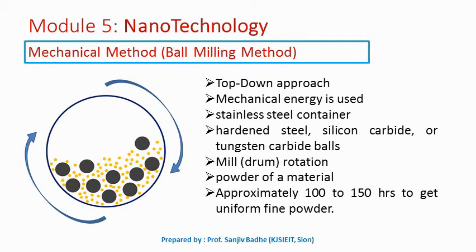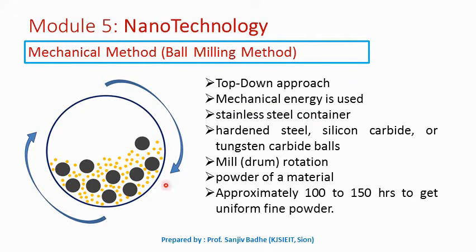The first method that we will be discussing for producing the nanomaterials is the ball milling method. Ball milling is a mechanical process that uses a top-down approach. So top-down approach means bigger size particles are reduced into smaller and smaller size. All the structural and chemical changes produced in the ball milling method are produced by mechanical energy.